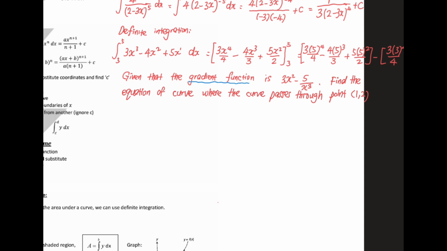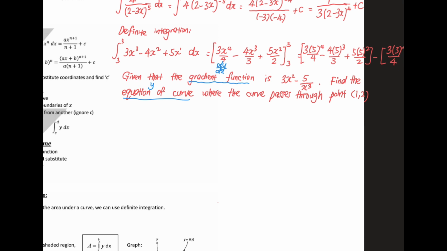So first, what is gradient function? You need to know this is dy dx. And what is equation of curve? It is y. So you know gradient function, you know equation of curve. Okay, so what to do is you have to do integration. When you integrate dy dx, you will get y.